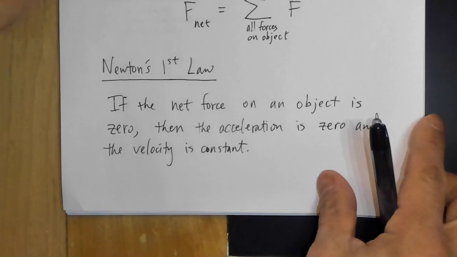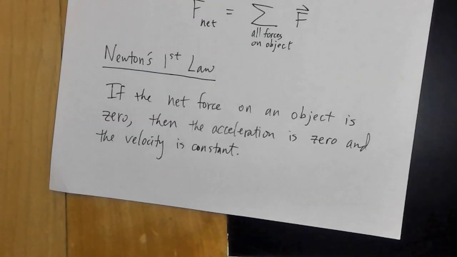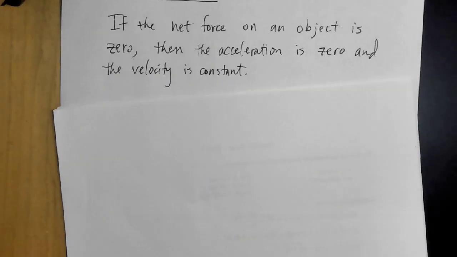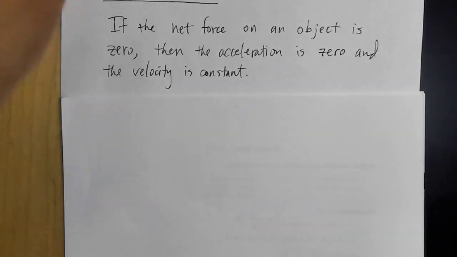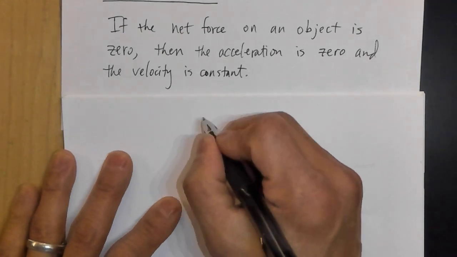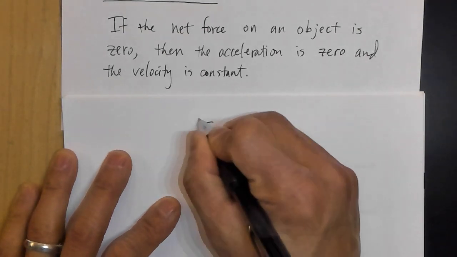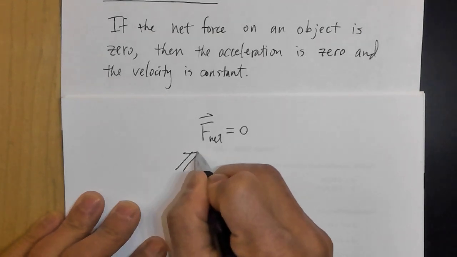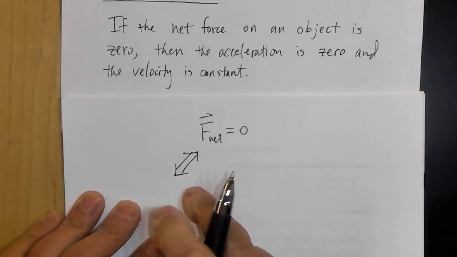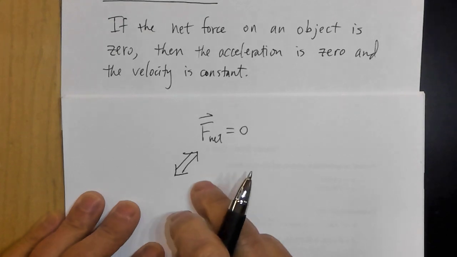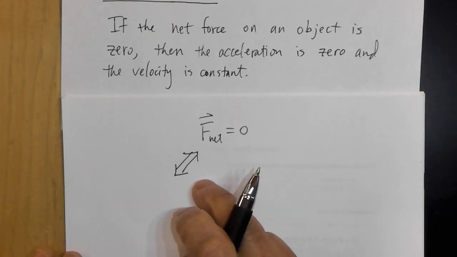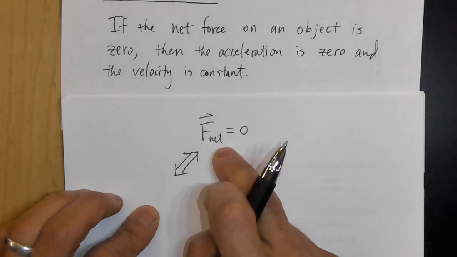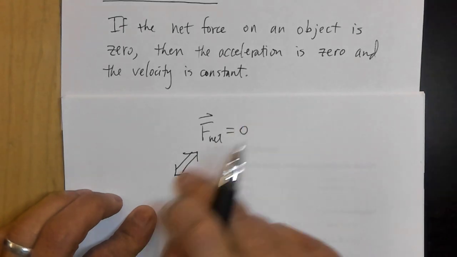Okay, so I can make this as a little diagram. So this is Newton's first law. I can write Newton's first law like this. The net force is equal to 0. Now, how many of you know what this symbol means? You've seen it before somewhere, right? Yeah, all it means is one implies the other, both ways.